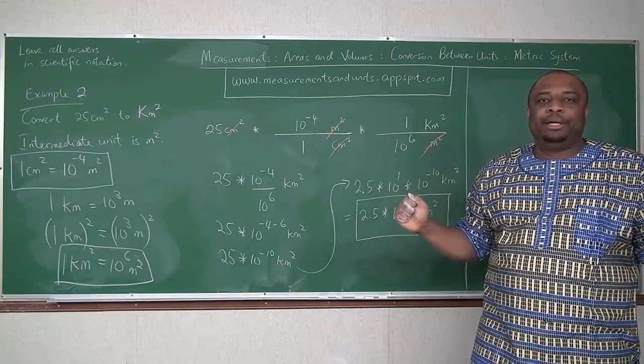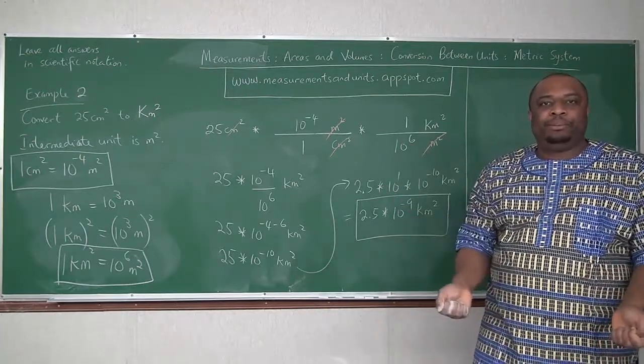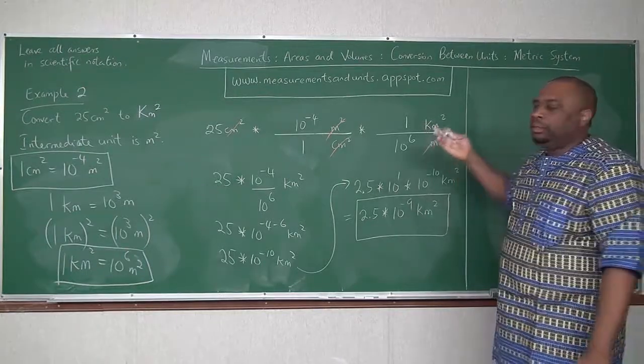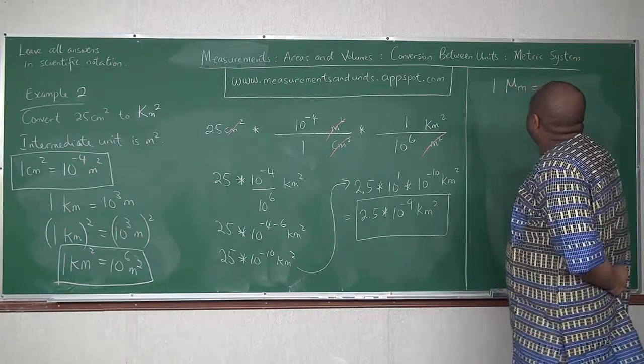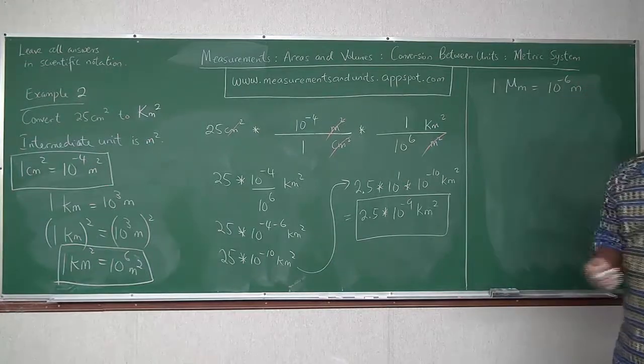How about that? What's the conversion between micrometer cubed and megameter cubed? Something like that. What we just need to do is, we have that 1 micrometer is, micro, 10 to the power negative 6 meters.